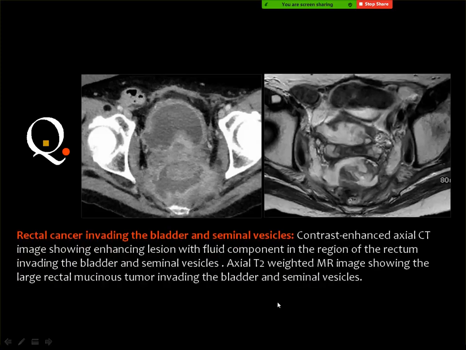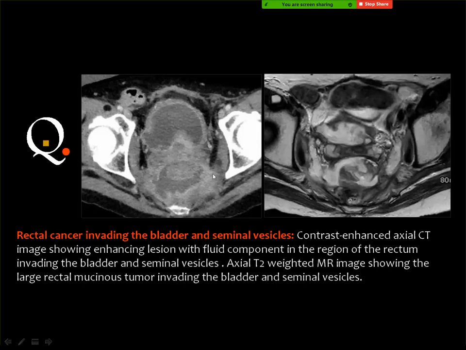I think I mentioned in the lecture that prostatic cancer has difficulties invading the rectum because of the dense fascia, but rectal cancer is able to invade the prostate.